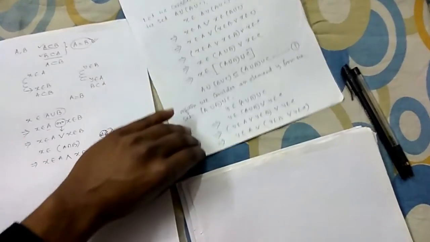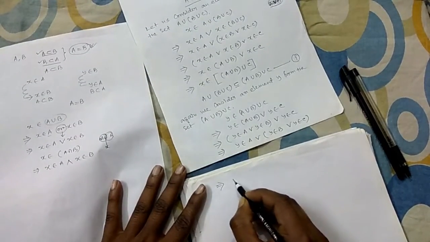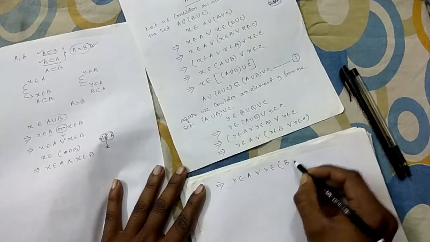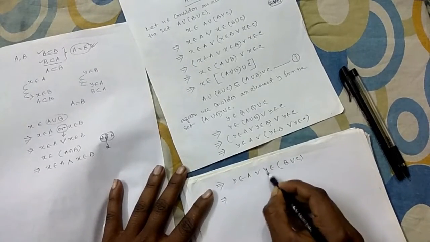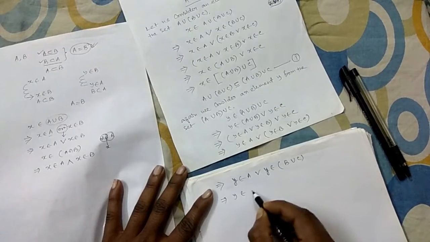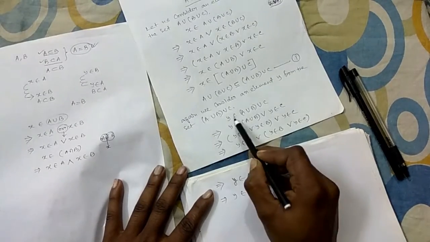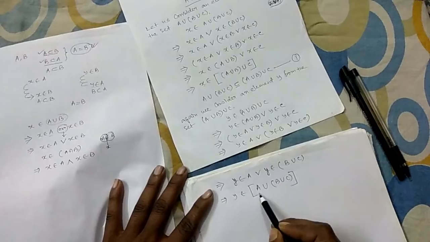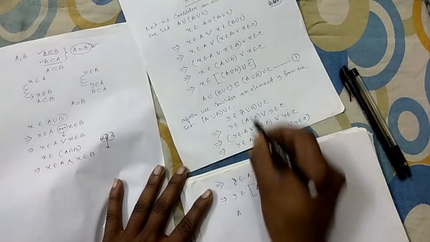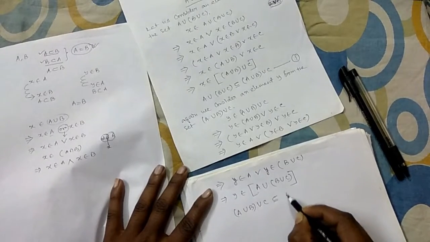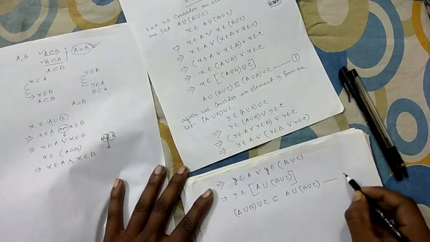We take out y belongs to from the bracket, then we are left with B union C, and lastly we take out y belongs to A union B union C. Starting from y belongs to A union B union C, we have come here, so we can say A union B union C is a subset of A union B union C. Give it number 2.